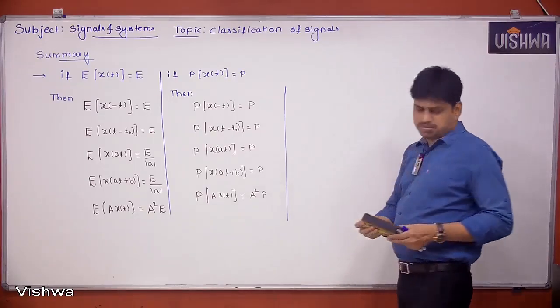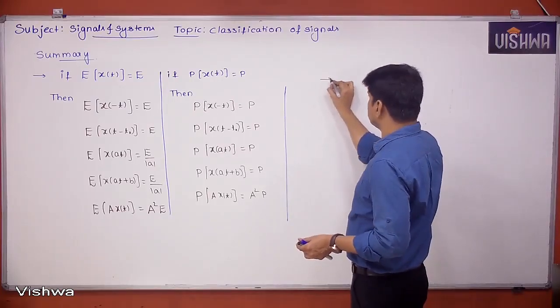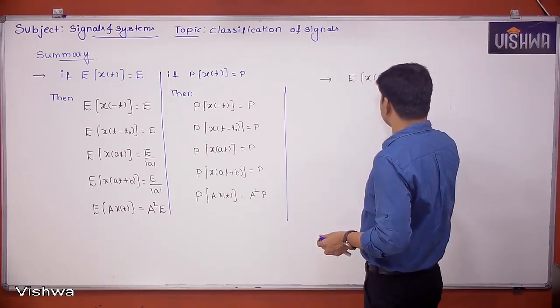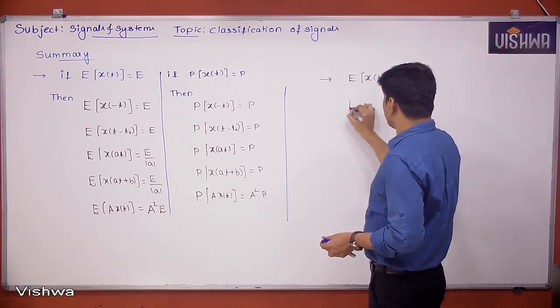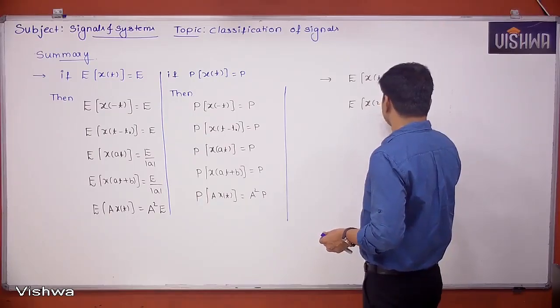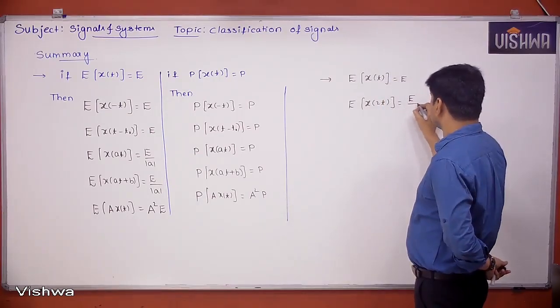That means, let's say, suppose energy of x of t is equal to E, what is the energy of x of 2t? From this formula, which is nothing but E by 2.